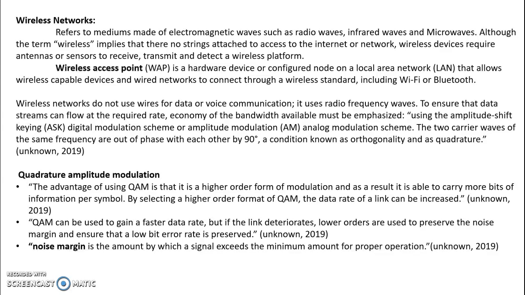So what this does is it allows two transmissions that are transmitted concurrently to operate out of phase so that they don't interfere with each other. And hopefully this next slide will kind of explain that.